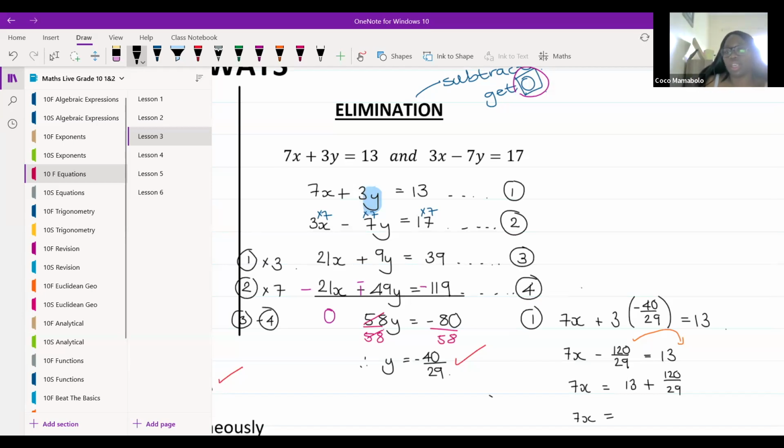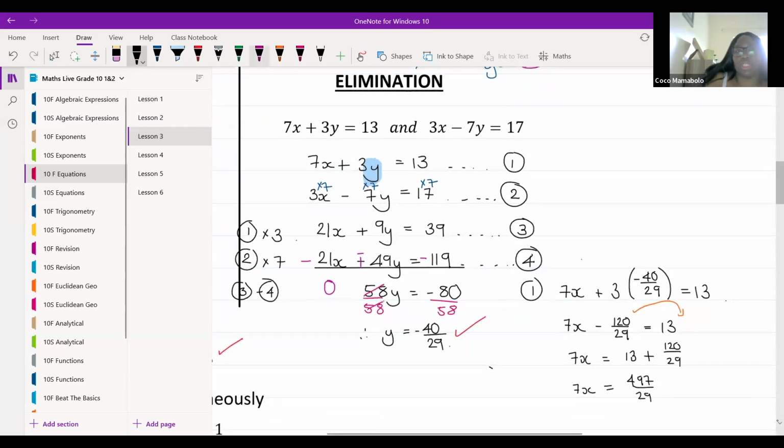Good. But I still need to divide both sides by 7. So divide by 7, divide by 7. We can just take that answer, divided by 7, over 29. 71 over 29, correct. Therefore, x is equal to 71 over 29. What an ugly answer. I don't like it. Yeah, it's not so great.